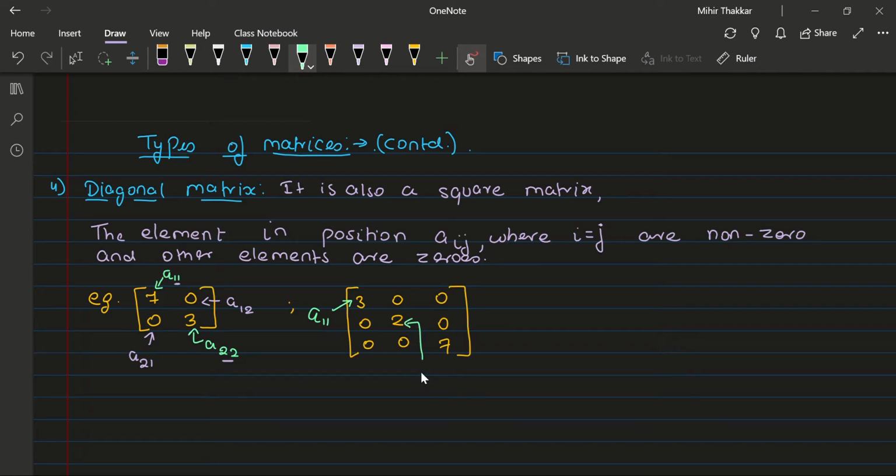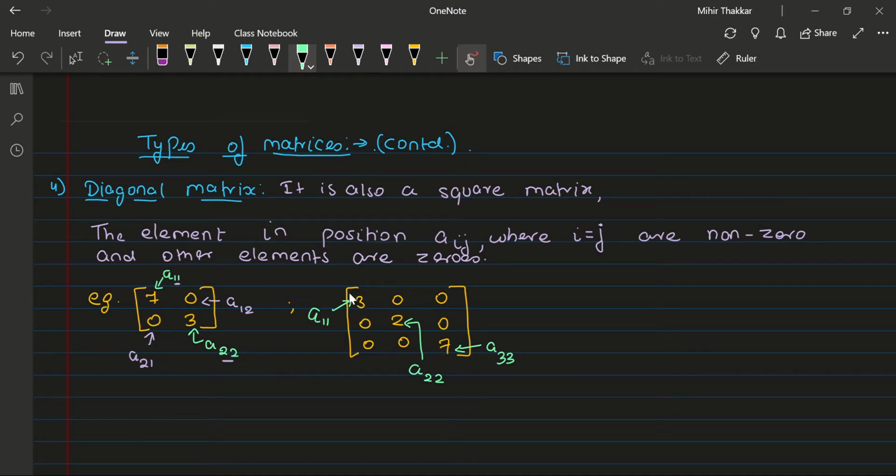This is the position A22, and this is the position third row, third column, so A33. So these three elements are non-zeros, whereas all the remaining elements are zeros. So this kind of presentation of numbers is called a diagonal matrix.